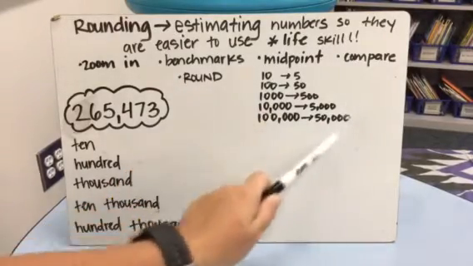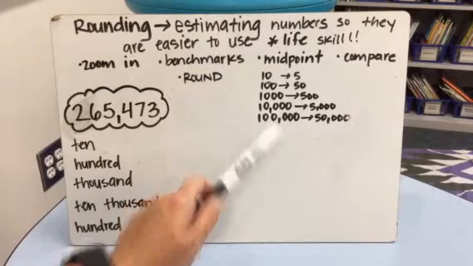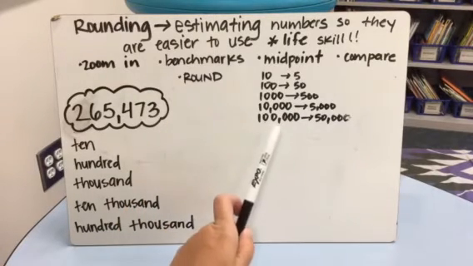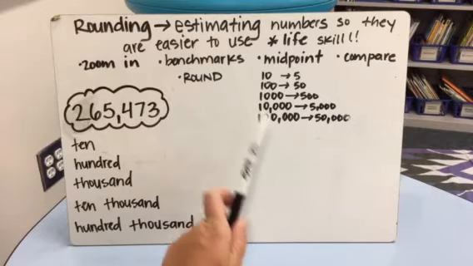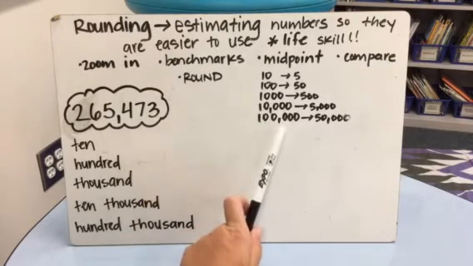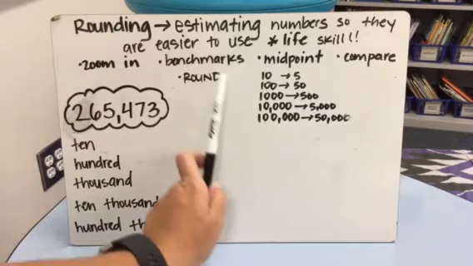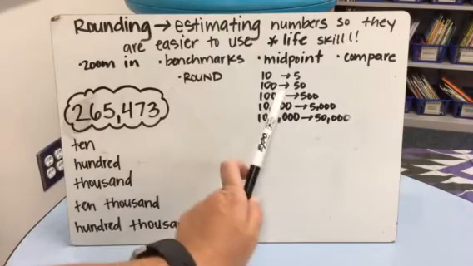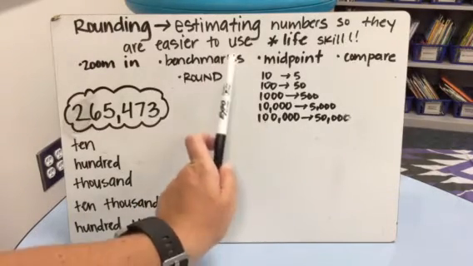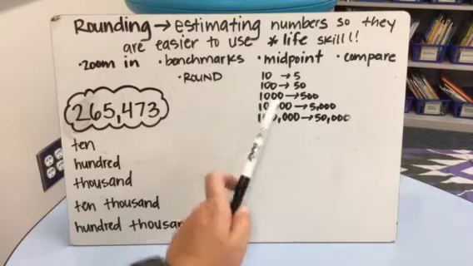Here I have some reminders of the midpoints, and I'll keep referring back to this. This tends to be probably the trickiest part for 4th graders when they're rounding. Determining the benchmarks and the midpoint are the trickiest parts, so these parts need a lot of practice and reminders.